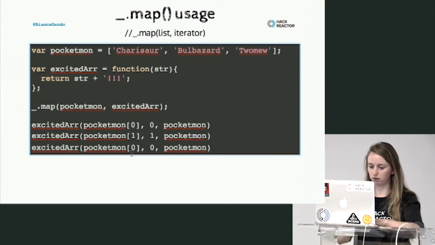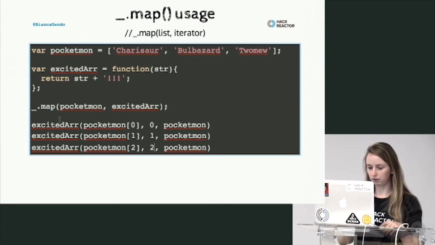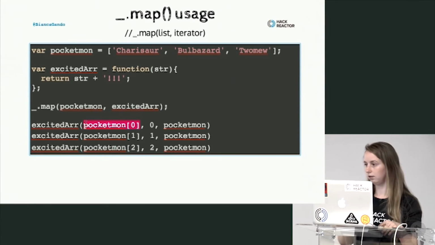And then the third and final time, it will call it like that. Because Pocketmon[0] is the first value, that gets substituted for str, and the rest just gets discarded. The first argument maps to the first parameter. Since str is now Pokemon at 0, which is Charizard.